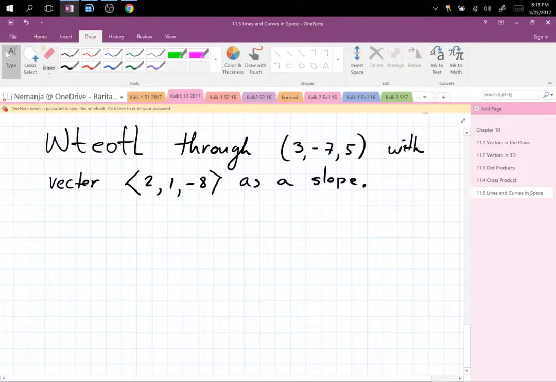You cannot get anything easier in Calculus 3. Well, actually, yes, you can actually add two vectors. That's easier than this. But this should be the cheapest problem, right? You have the equation, you have the point, plug the stuff in. What is this 3, negative 7, 5? Initial point. So that's your zeros.